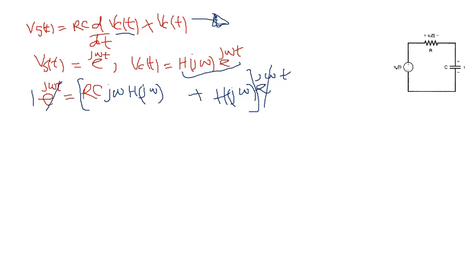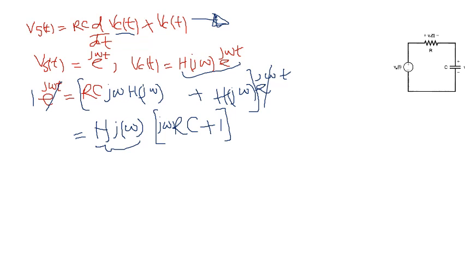So we can again take h of j omega common. So if I take h of j omega as common, I am left with what here? RC j omega, plus it is 1, right? Because I need to find the frequency response, which is h of j omega, this thing is multiplied here. If I bring it to this side, it will be divided.